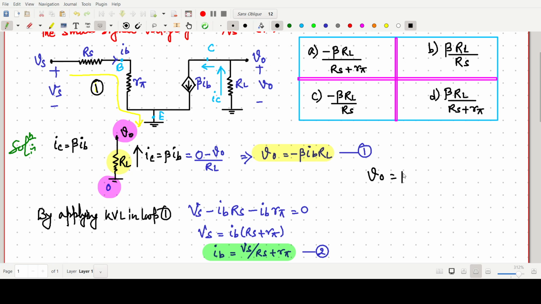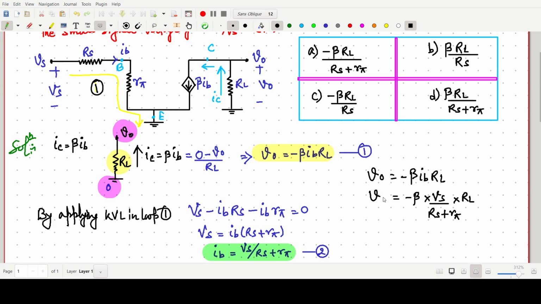As we know, V naught is minus beta IB RL. Now we will put the value of IB here. So we can write minus beta times Vs by RS plus R pi, into this RL.